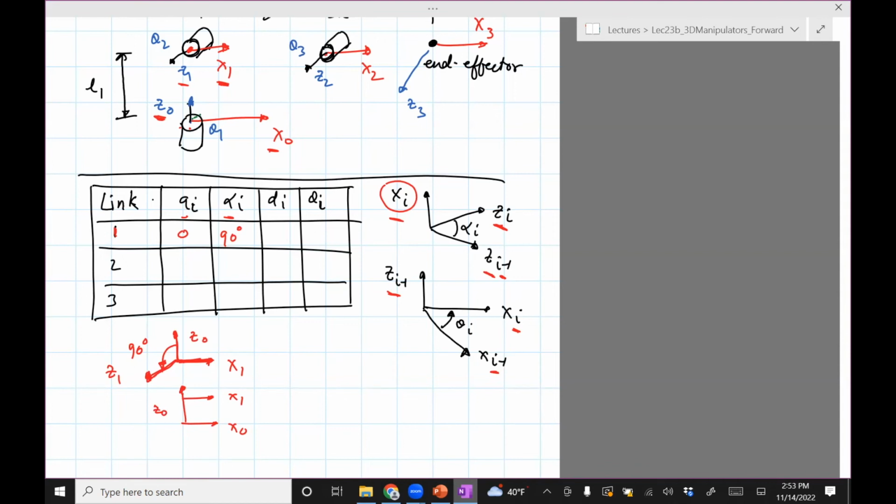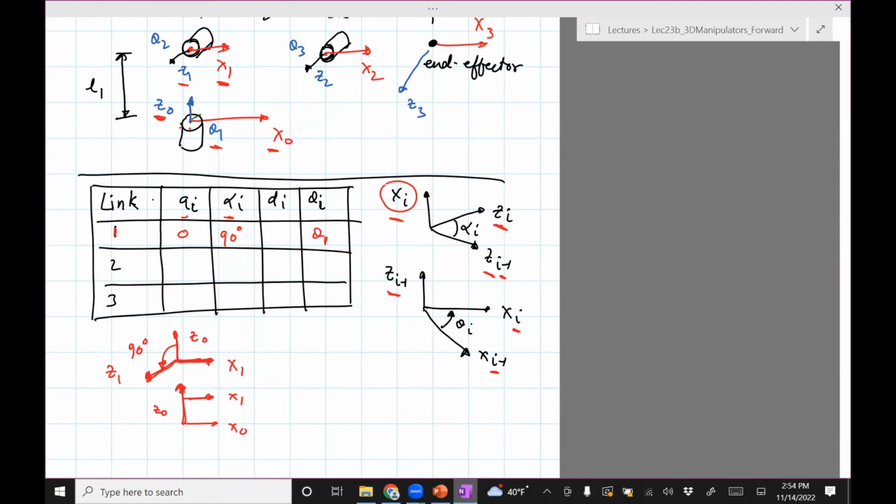So the angle between x0 and x1 about z-axis, you can see that x0 and x1 line up on top of each other. So the angle between them is going to be simply 0. My bad. It's not 0. Remember that it's rotating about theta 1, right? So at this instant of time, it is at 0 degrees. But when the manipulator has turned, or the joint 0, joint 1 has turned, it will be some value which is non-zero. So let's say it's theta 1. So this will be theta 1 and not 0. Okay, it's only 0 for that instant.